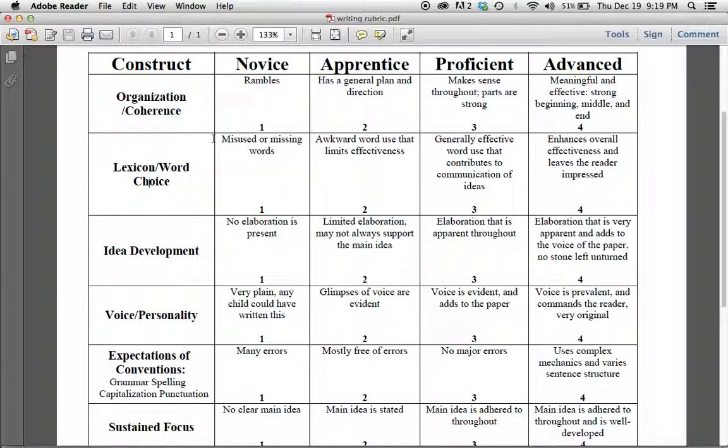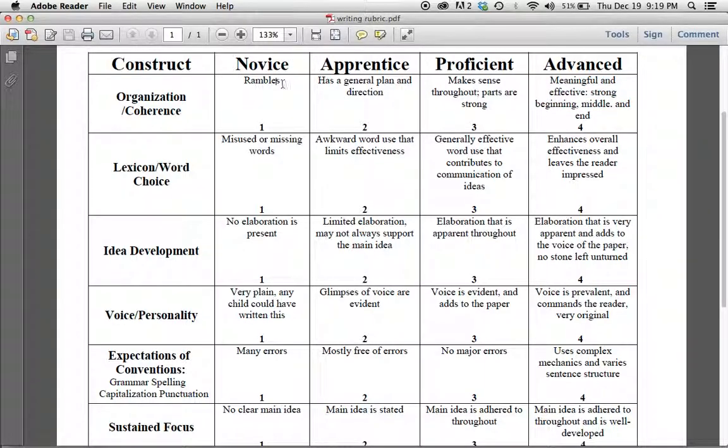For instance, as you're looking at how well you've organized your paper, as a reader looks at your paper, they'll look to see, are you just rambling on and there's no connection to the topic and what you're writing? Or is your paper more meaningful and effective where it has a strong beginning, middle, and end?